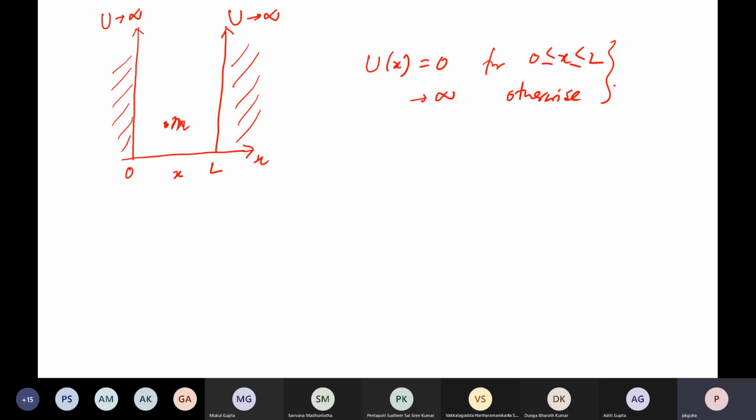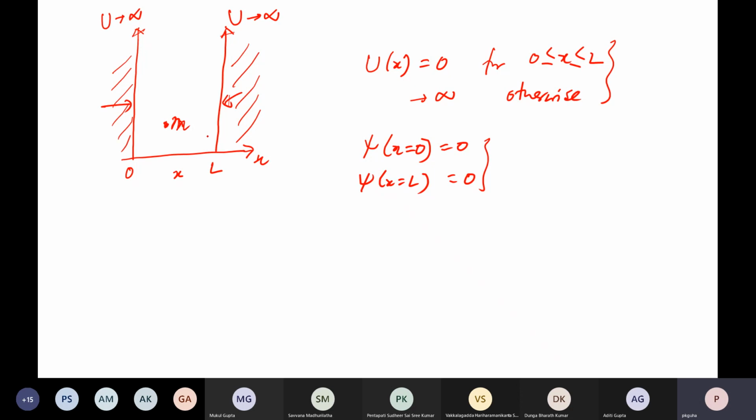The other boundary condition we also considered was psi at x equal to 0 and psi at x equal to L equal to 0, because the particle can't go into this forbidden region, as it is infinitely confined with an infinite potential barrier.